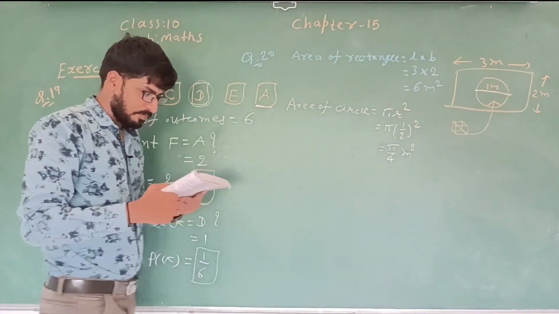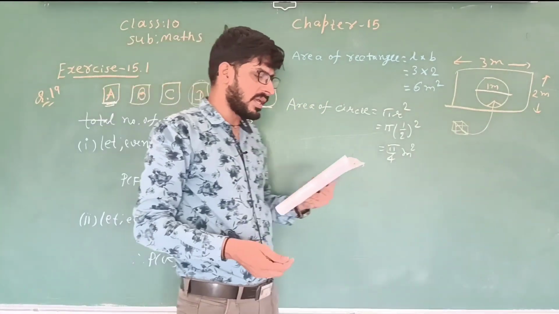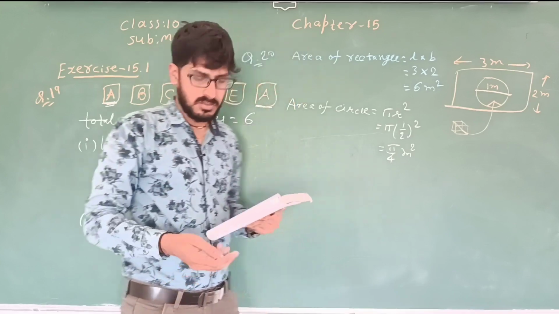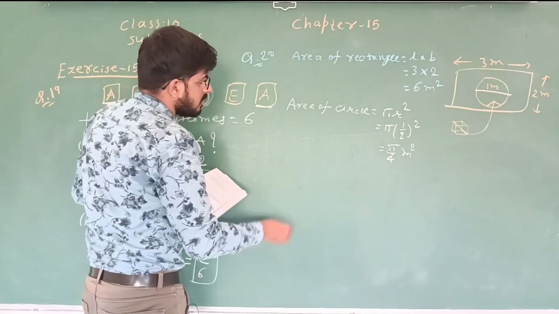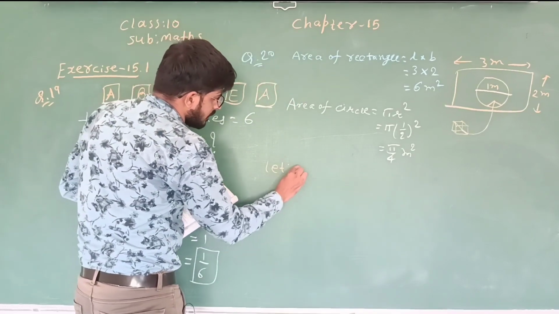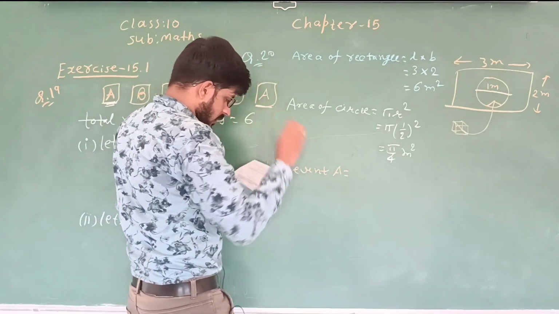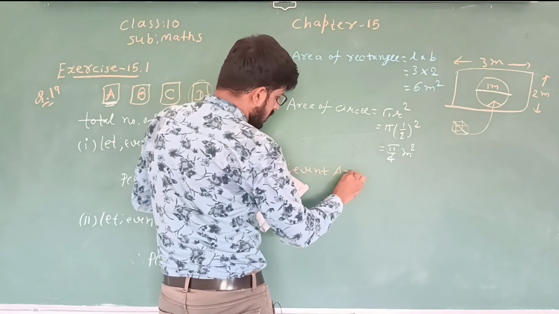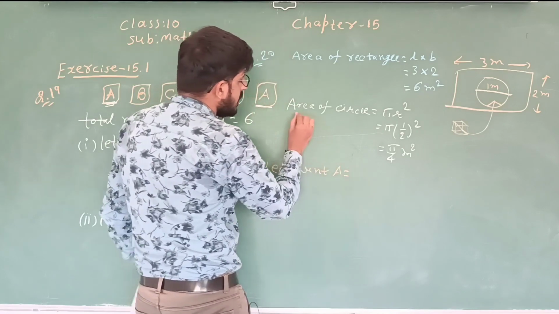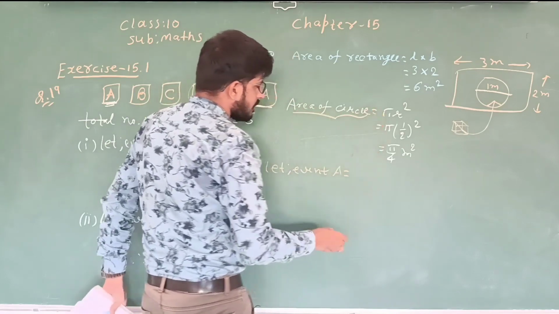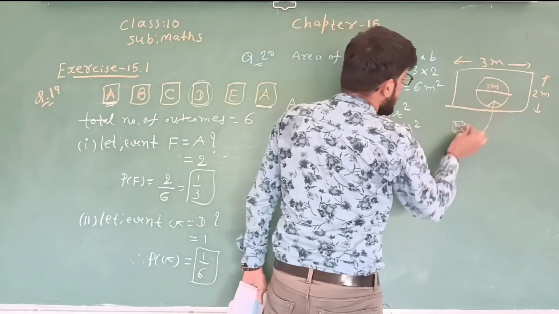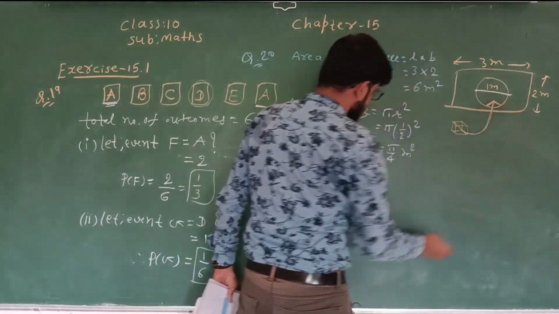Now see, we are going to find the probability that it will land inside the circle. So let event A be the die landing inside the circle.